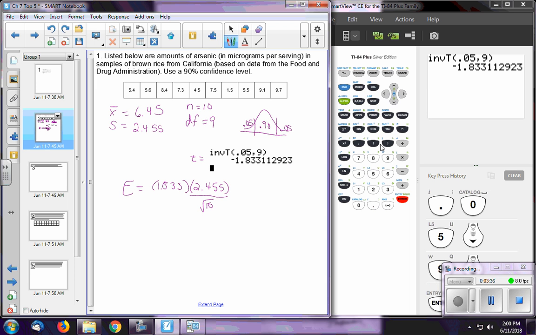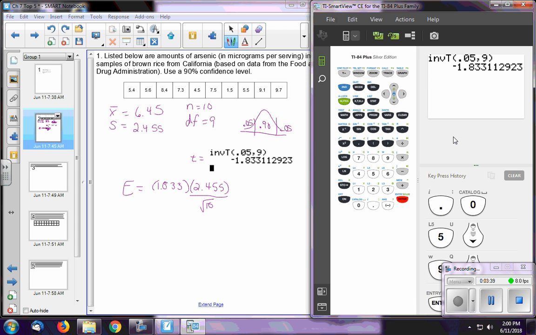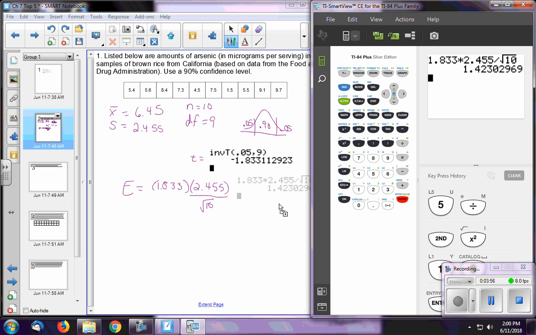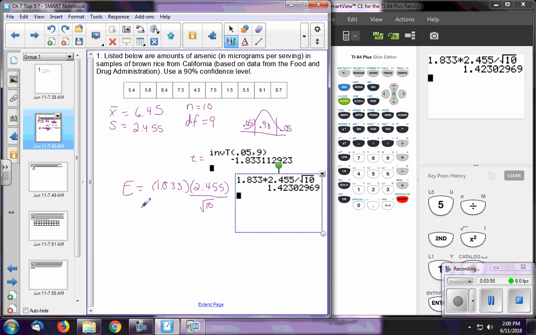You're going to go ahead and enter this in the calculator. So here we have 1.833 times 2.455 divided by the square root of 10. That means that our margin of error is 1.423 approximately. You can worry about rounding at the end.